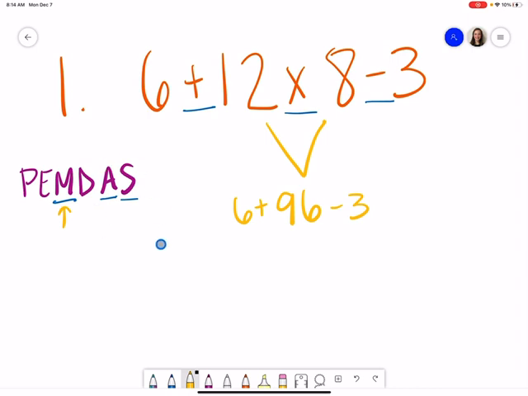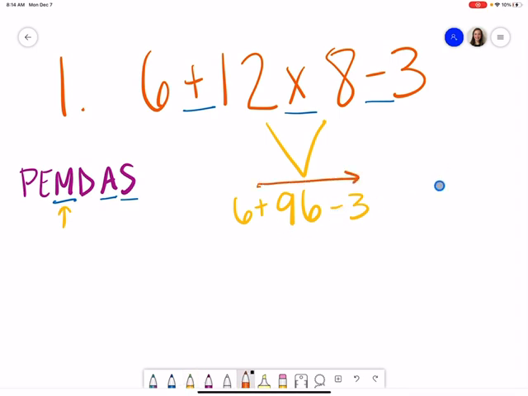Now I'm going to move to my next operation, which, we know, addition and subtraction are the same step. They're the same step. So I'm going to start with the one on the left and move to the right, just like I read, from left to right.